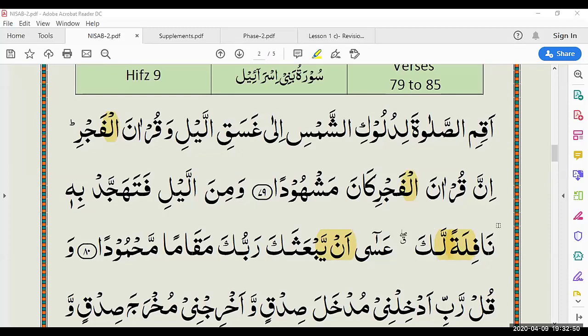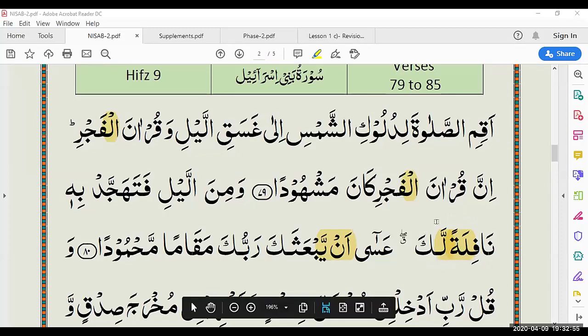Looking at this one that I have highlighted, is this idgham kamil or idgham naqis? This is Idgham Kamil. Exactly, well done. Why? Because we don't do any ghunna. Excellent. And looking at this one, is it idgham kamil or idgham naqis? This is Idgham Naqis because we are going to do ghunna for 2 seconds here.